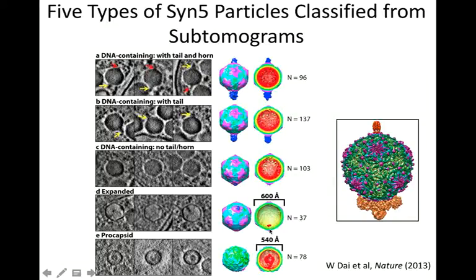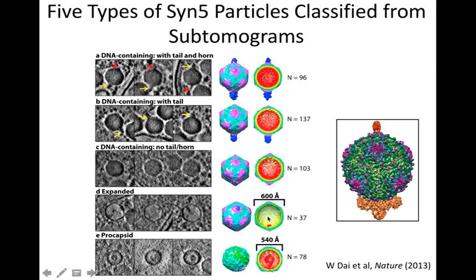The third observation we made is this particular density in one of the tri-vertices, which we interpret as the terminase. It has been shown biochemically that when the DNA is encapsulated, the terminase is required to generate the ATP energy for the encapsulation of the DNA.